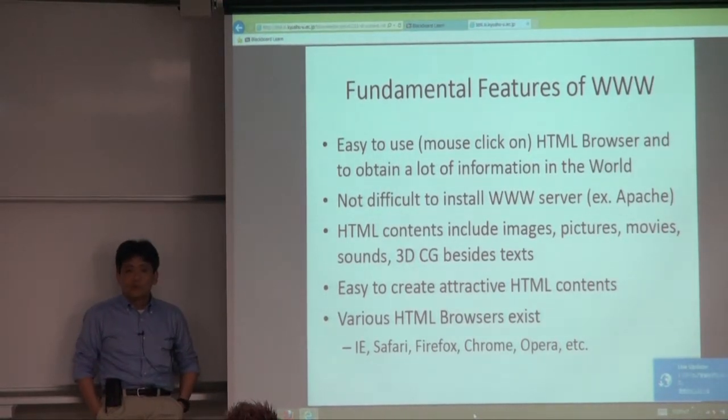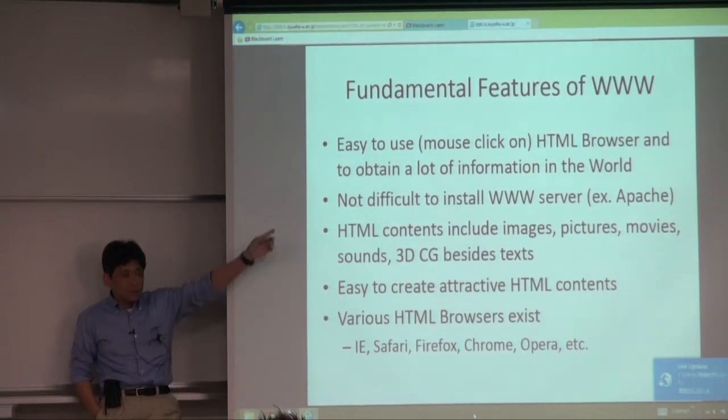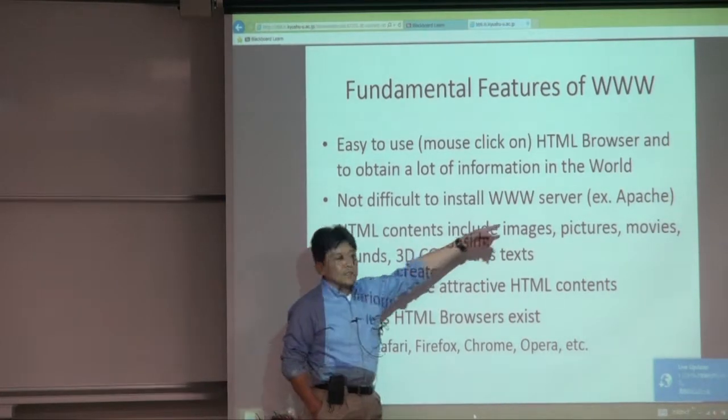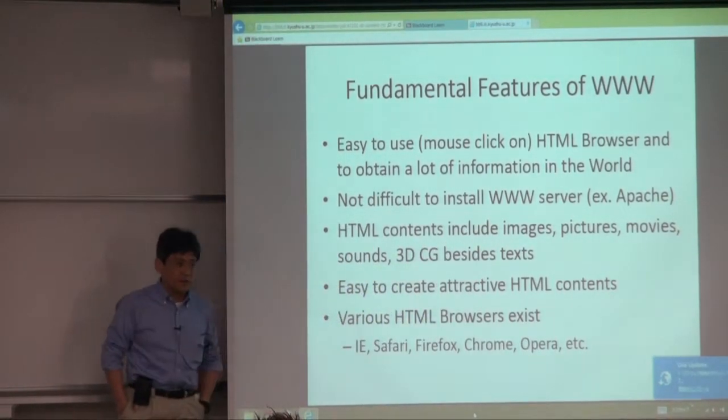As you may know, World Wide Web services are provided as server-client mechanisms. If you want to provide your home page, you first have to prepare a web server. However, as shown here, it is not so difficult. For example, Apache is a very popular server software.